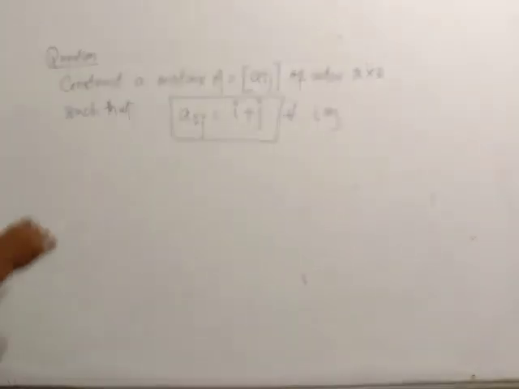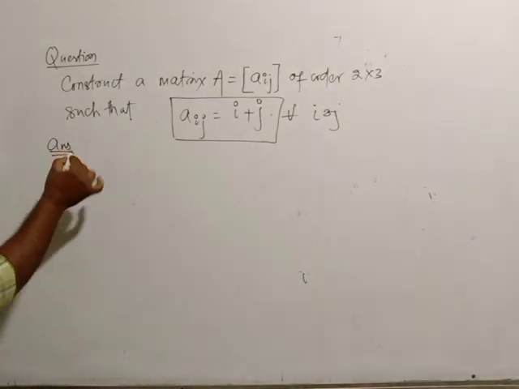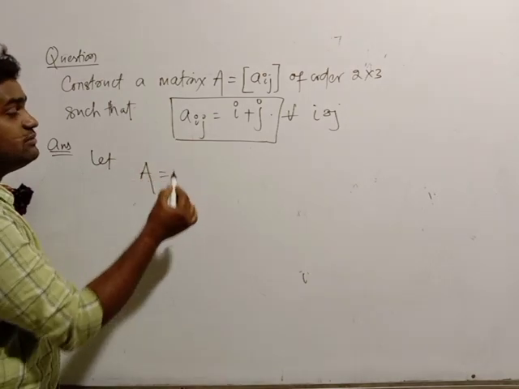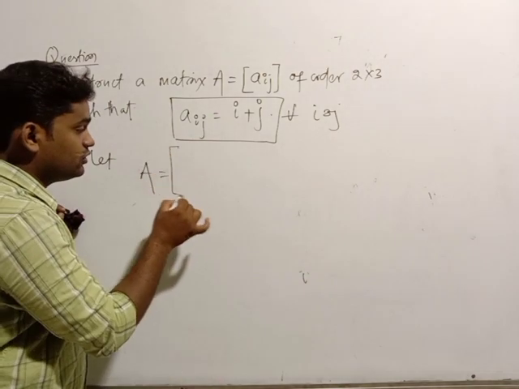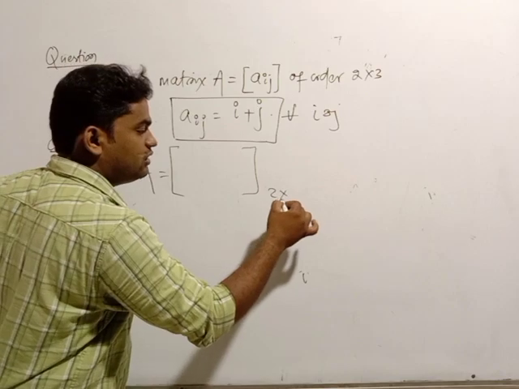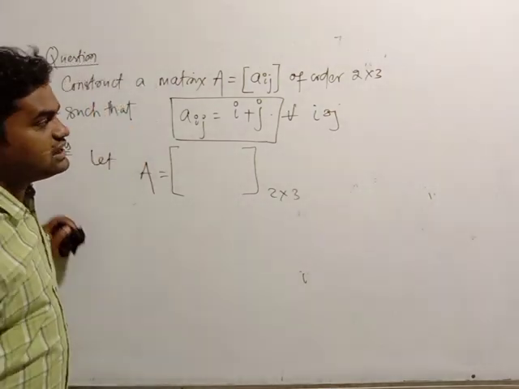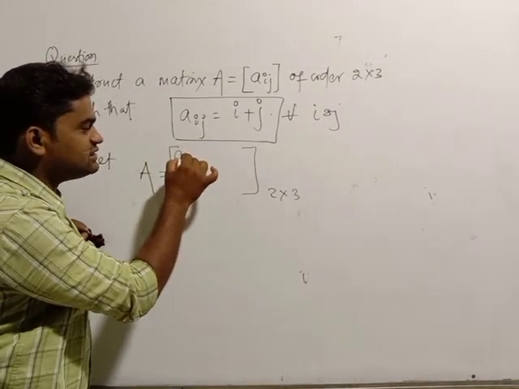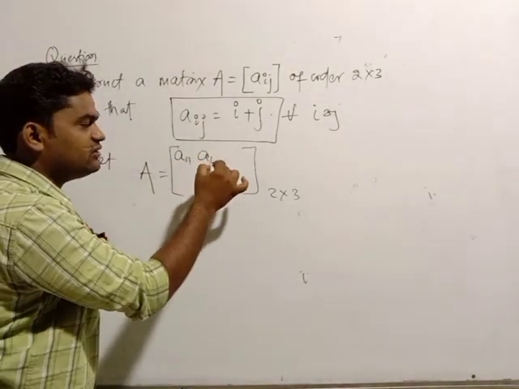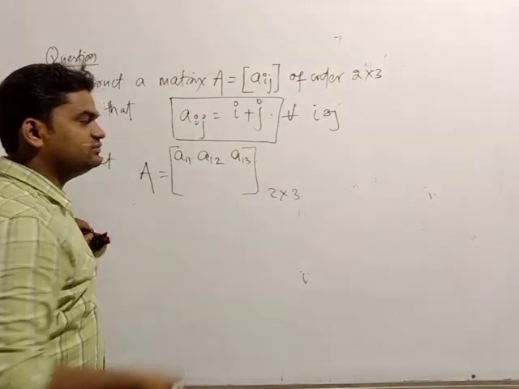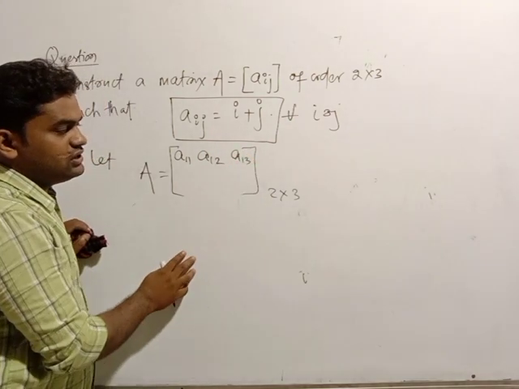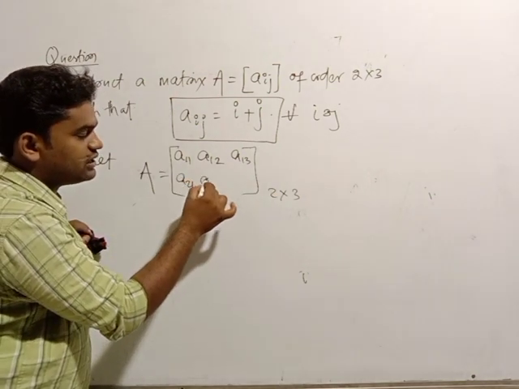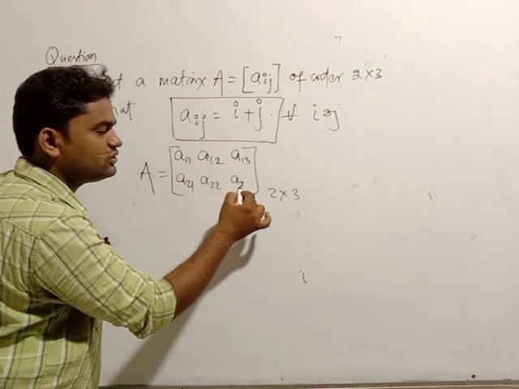So first, for the answer, construct a general matrix. Let A be a general matrix of order 2 by 3. Order 2 by 3 means there are 2 rows and 3 columns. So we can write the elements as a11, a12, a13, and there are 3 columns and 2 rows. So second row is a21, a22, a23.